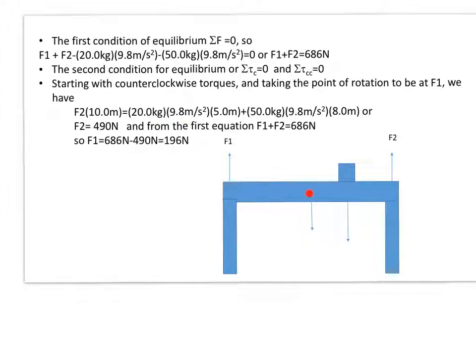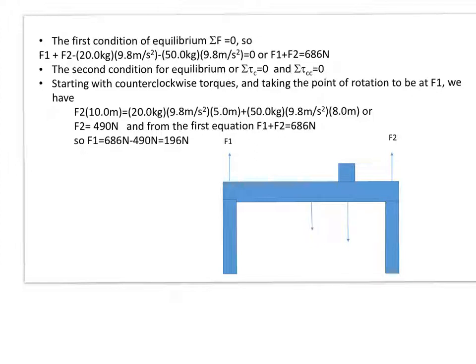Now remember, this is acting at the center, so this distance is 5 meters, plus this weight, which is 50 kilograms times 9.8, times this distance, which is 8 meters. So now all we have to do is solve for F2, and F2 comes out to be 490 newtons.